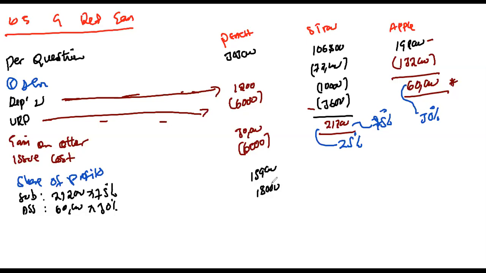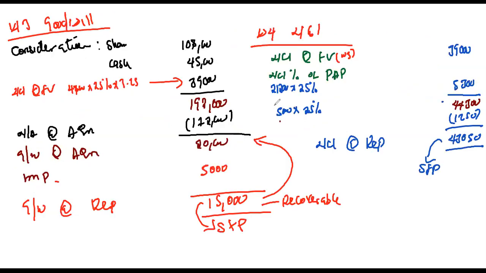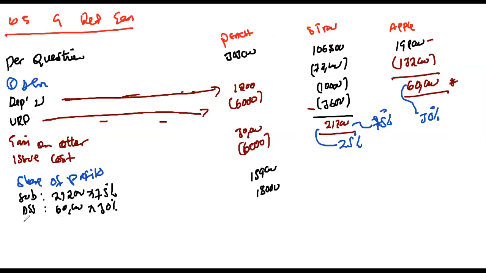Now remember, the NCI has suffered impairment. They got their share of the impairment. The parent has not yet gotten their share of that impairment loss. So the parent should also get the impairment loss. What was our impairment? It was 5,000, multiplied by our controlling interest of 75%.